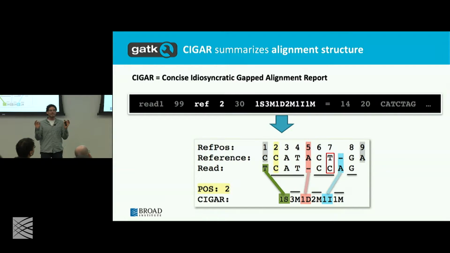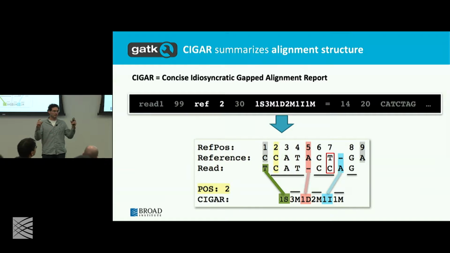Those are alignment matches, not base matches. Alignment matches means a base over here and a base over here, 3 bases. Maybe the aligner decided to put a C against an A. That's the aligner's choice. It doesn't talk about SNPs, only alignment information. Then there's a deletion of 1 base, then 2 more matching alignments, then 1 insertion, and then 1 more match. That's what this is.